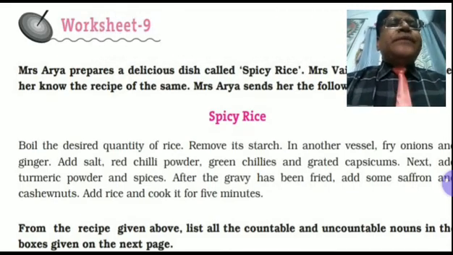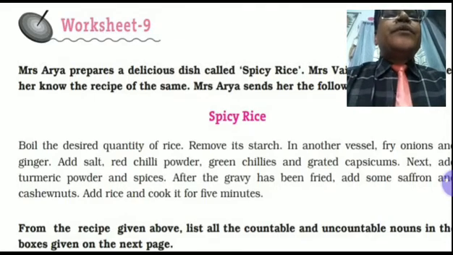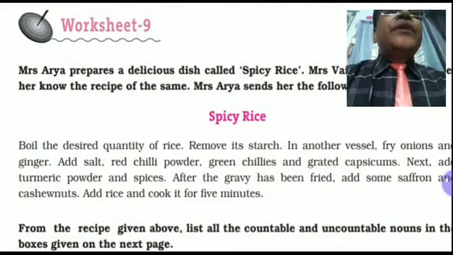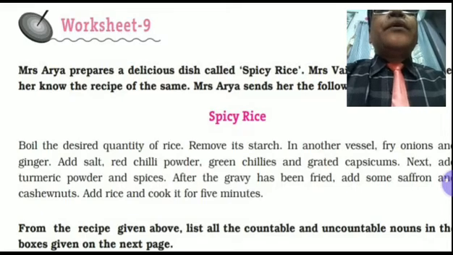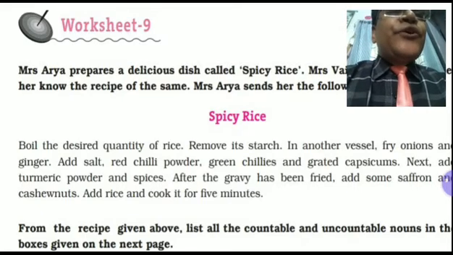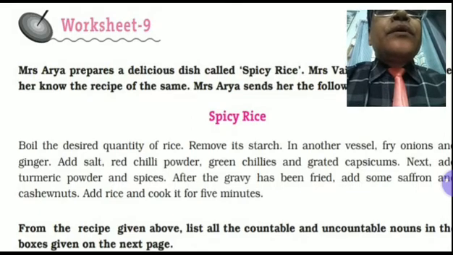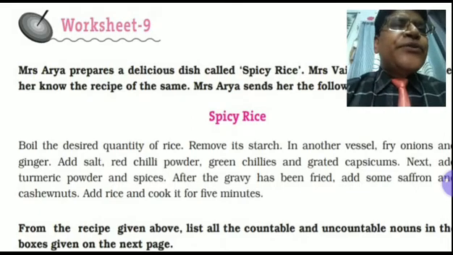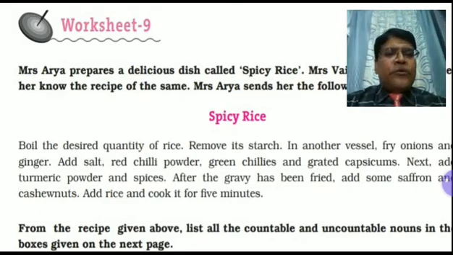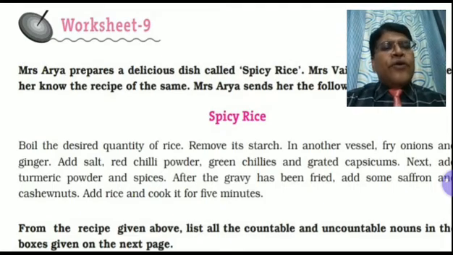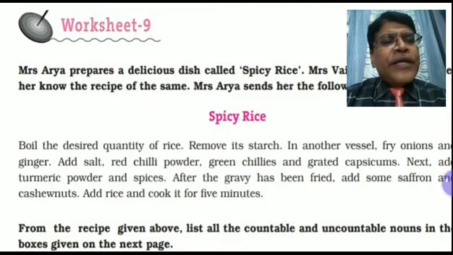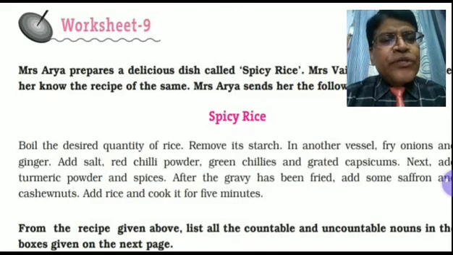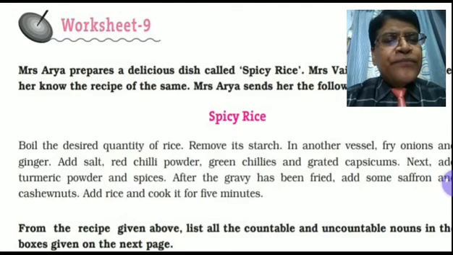Under countable, you have to put these words: vessel, onions, ginger, green chilies, spices, cashew nuts, minutes. Now, under the column of uncountable nouns: rice, starch, salt, red chili powder, grated capsicums, turmeric powder, gravy, and saffron.